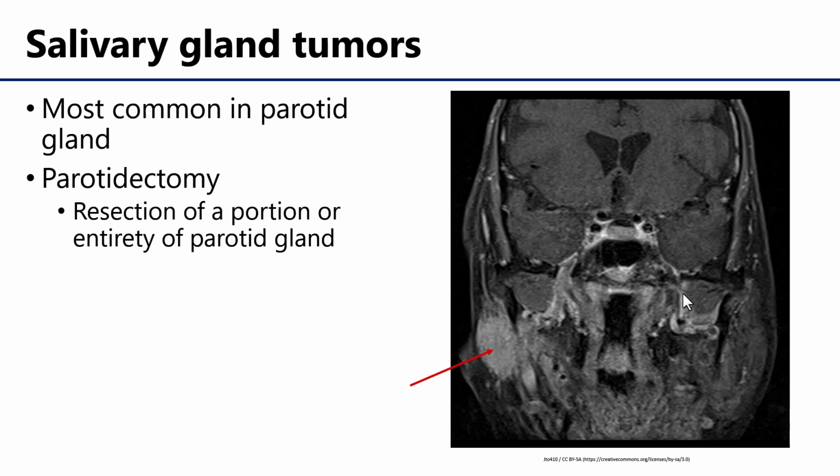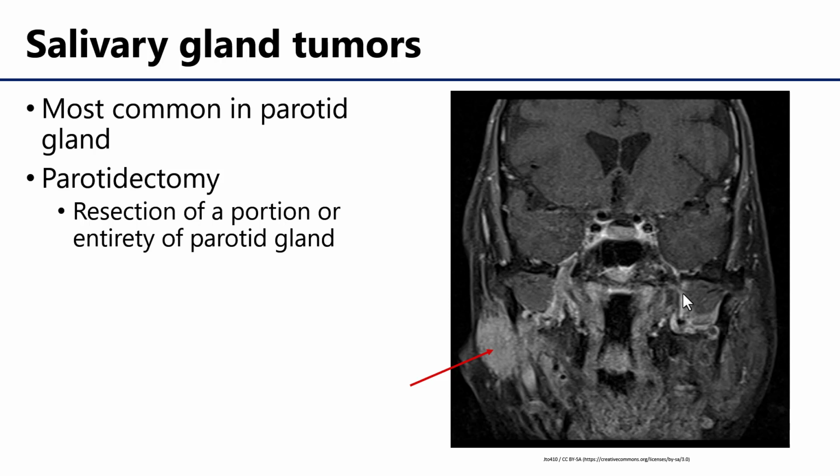Salivary tumors can affect any salivary gland, but they tend to be more common in the parotid gland. And you can remove parts of the parotid gland or the entirety of the parotid gland. This procedure is known as a parotidectomy.